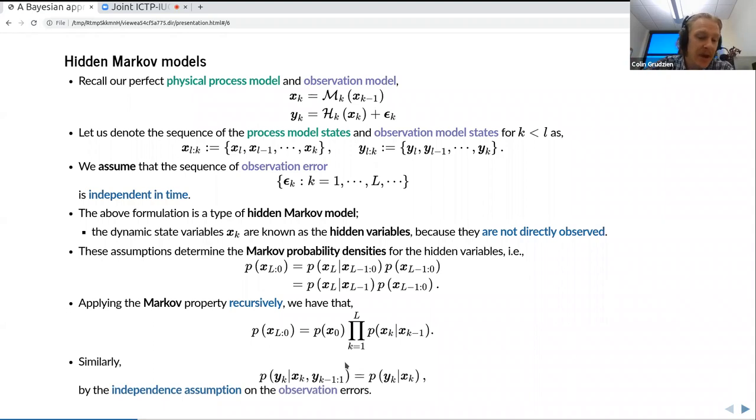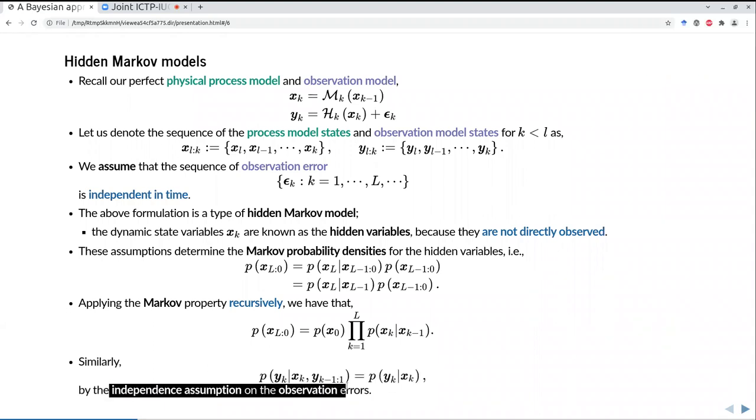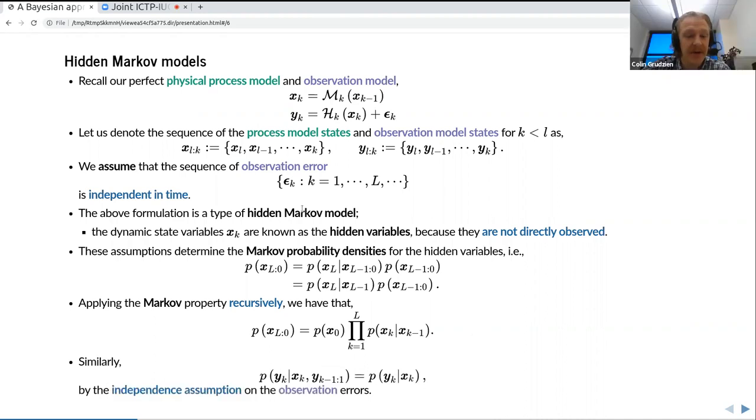And similarly, if we look at the observation model with this independence assumption on the observation errors above, and we want to write a conditional density for the observed data at time k, conditioned on x_k and on the previous time series of observations, we can simply write this as a conditional density on the model state alone.